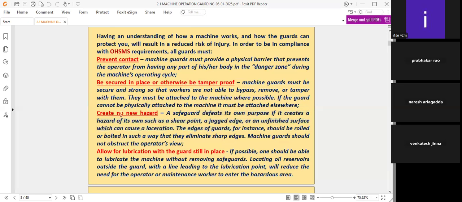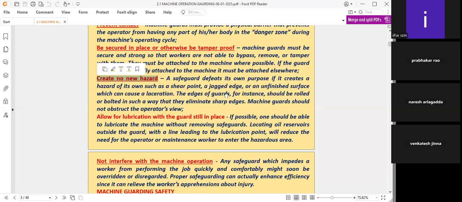With this guard, there is no question of a new hazard coming. Therefore, the guard cannot have sharp or gouged edges. Otherwise, lacerations or wounds will occur. These edges must be dressed and smoothed.